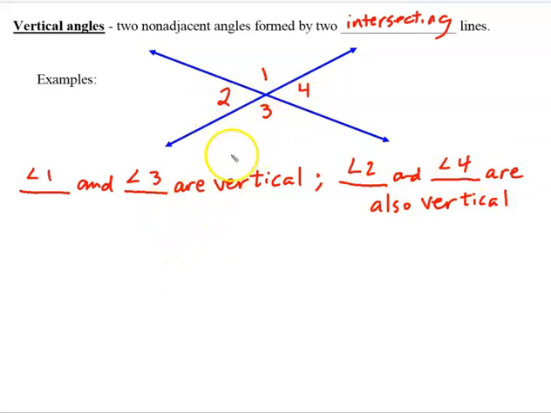Something that's always true about vertical angles is that those opposite angles that are created, like 1 and 3, 2 and 4, are congruent. Angle 1 is congruent to angle 3, and angle 2 is congruent to angle 4. So vertical angles create congruent angles with the ones that are opposite each other. And that'll be important for problems that we do in this lesson in the homework assignment.